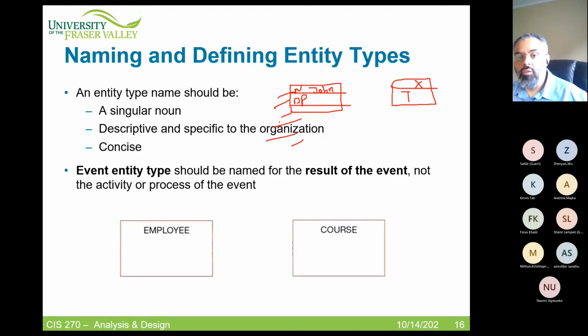Name, address, I don't know. So in this case, there is no group of attributes here that can make an identity, and I don't have a way to make an artificial ID. So we say it is a weak entity.